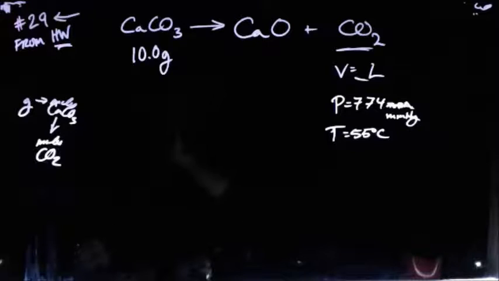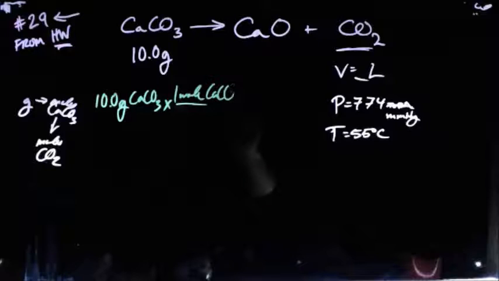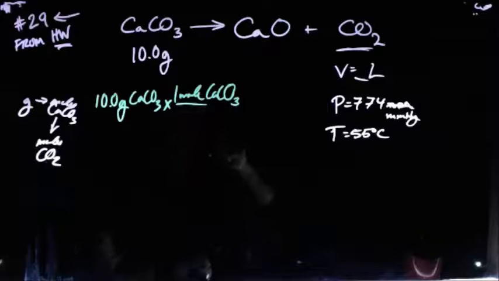So this 10 grams, so 10.0 grams of calcium carbonate. We're going to multiply that by 1 mole of calcium carbonate. And I sat down to do this without a calculator, but I know that carbonate is like 60 grams and calcium is 40, so that's going to be 100 grams, give or take, per mole.